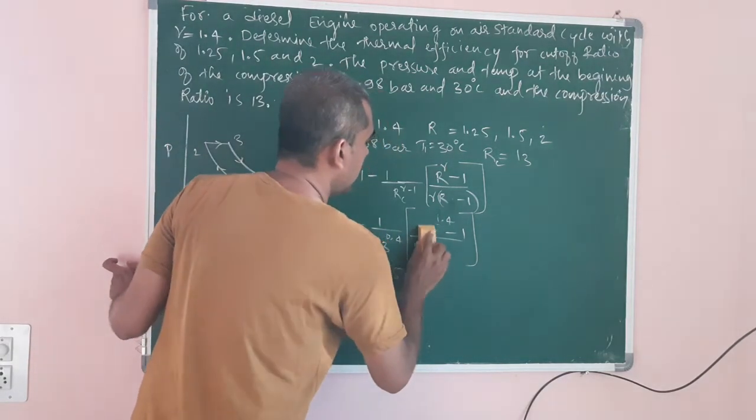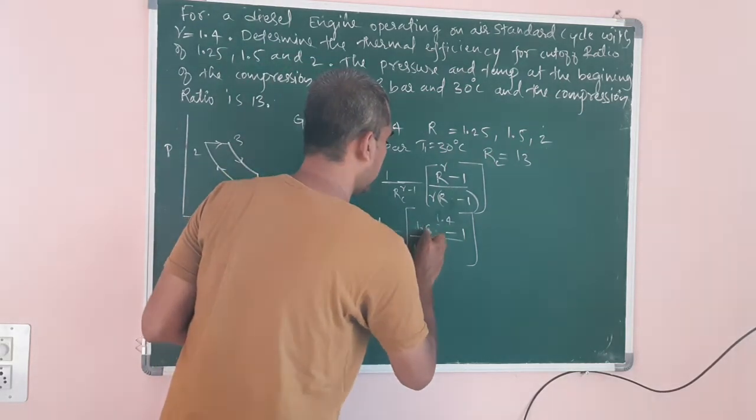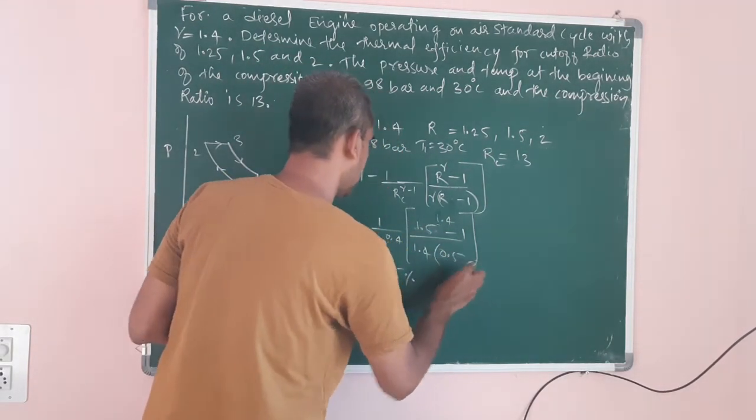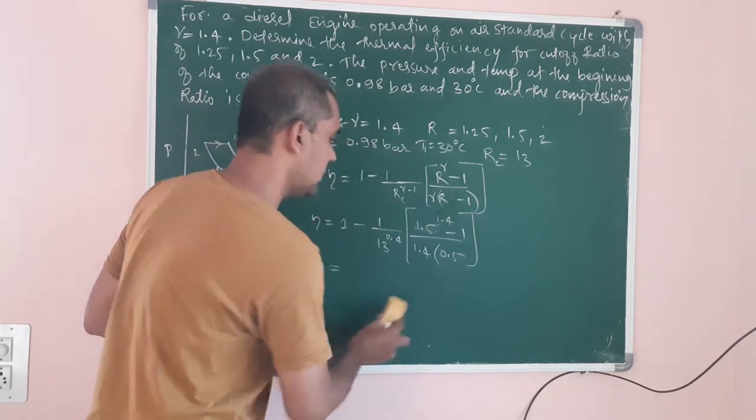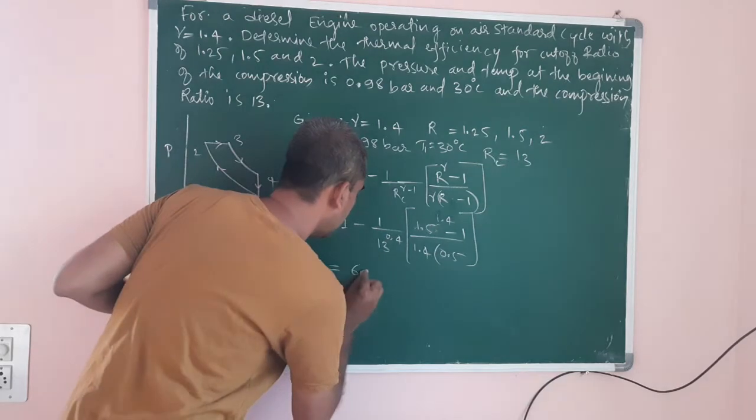For the second case, if I substitute 1.5 instead of 1.25, you will get the efficiency as 60.85%.